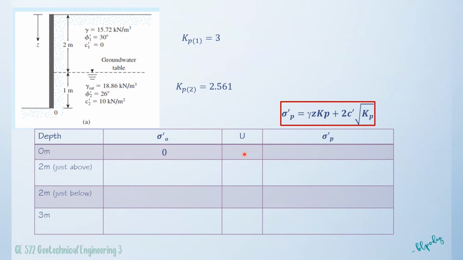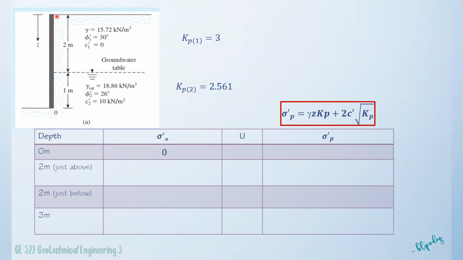And then for the pore water pressure, by the way, I've placed here a column for the pore water pressure. Even though it is not really in the equation of the passive earth pressure, we put a column for the water pressure for the purpose of plotting the pressure diagram later on.